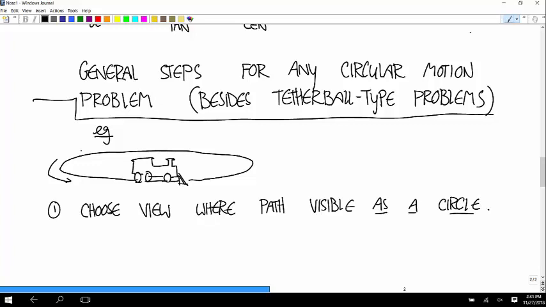For the example here, the view that I drew isn't the best view for doing the calculations. Instead of taking a sideways view, we want to take a bird's eye view, a top-down view, because then what you're looking at is a circle, and that'll make the calculations easier.